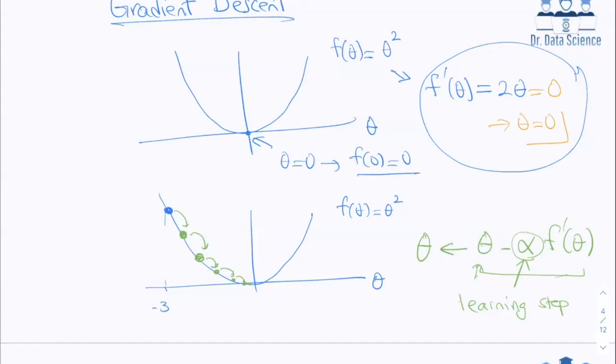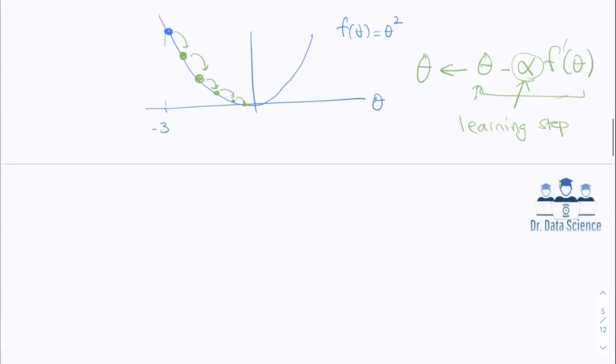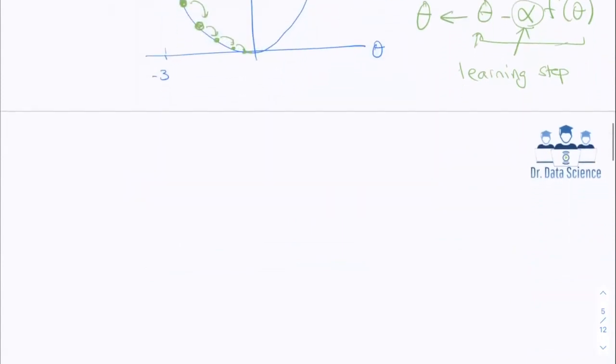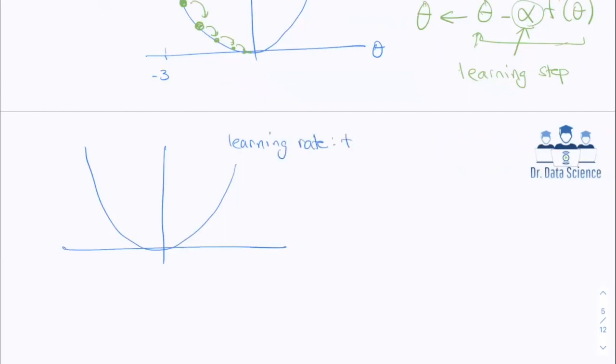To explain this more, let's look at the effect of the learning rate or learning step. So if we have the same function and the learning rate is too small, and let's say we start from here, we take all these very small steps.